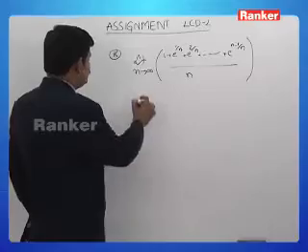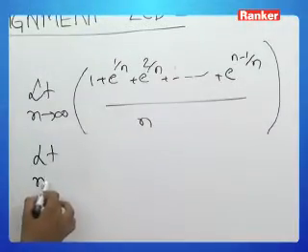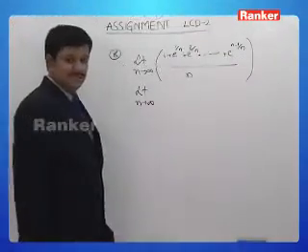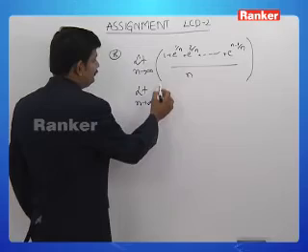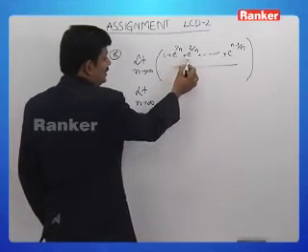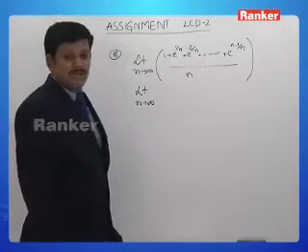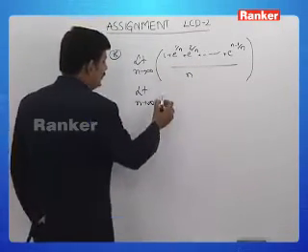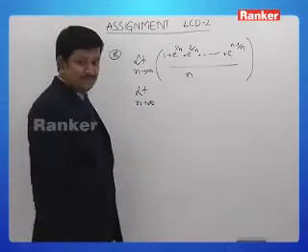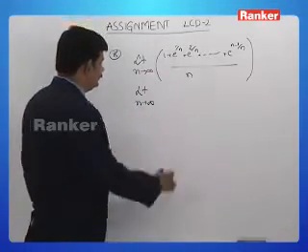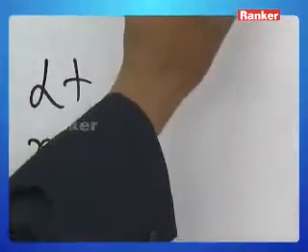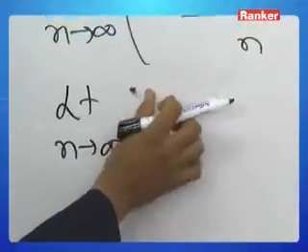So, let us use the formula of geometric progression here and write this expansion as limit n tending to infinity. a plus ar plus ar square so on up to ar power n minus 1 will be a into r power number of terms minus 1 divided by r minus 1. Here a, the first term in the geometric progression, is 1. r, the common ratio, is e power 1 by n.